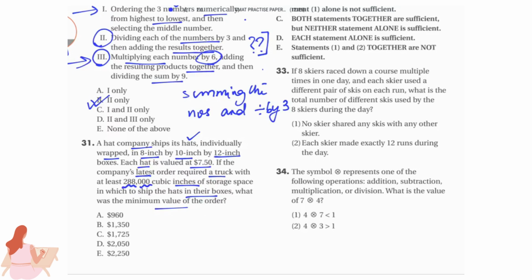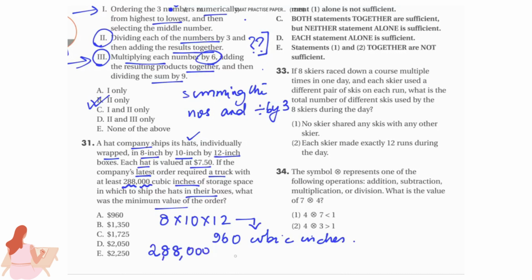So let's do this. We have an 8 by 10 by 12-inch box, and if you multiply the three factors here, you will get 960 cubic inches. Now we have also been provided the truck storage space, which is 288,000 total cubic inches, and this must be divided by 960 cubic inches per box, which equals 300 boxes.